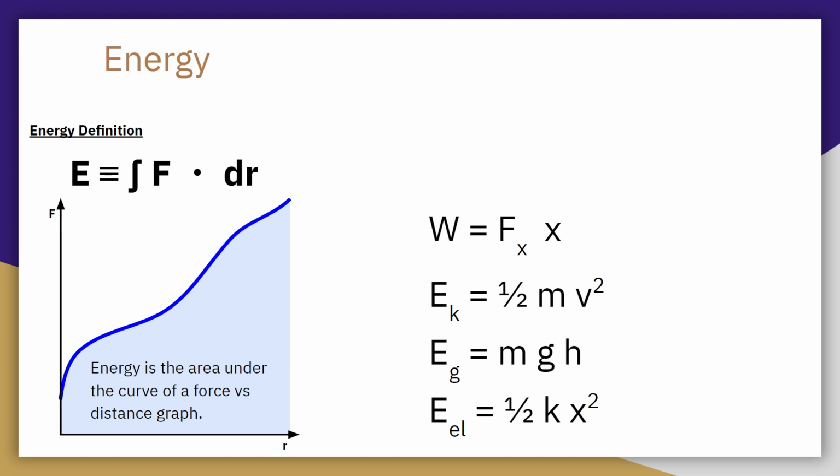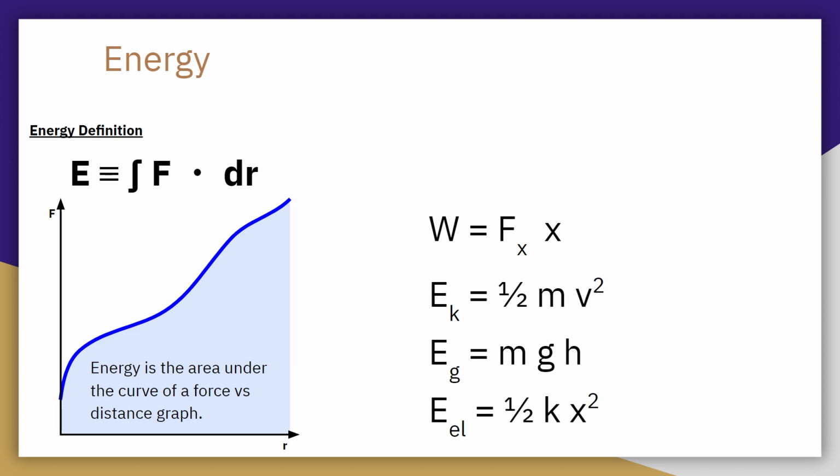So once again, let's return to our definition of energy. Energy is the integral of F dot dr. Energy is the area under a force versus displacement graph. And a lot of times when you see distance, like here, that's just referring to a distance from 0, but it can also be rewritten as displacement.